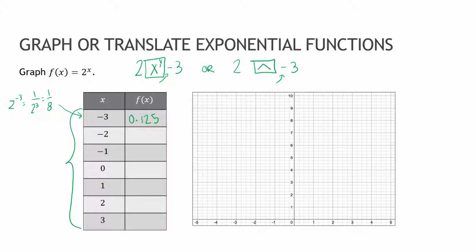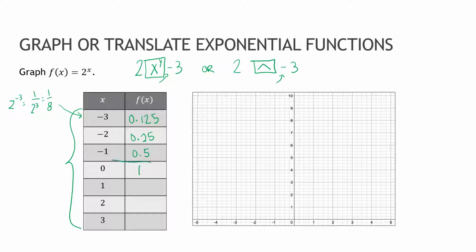Same thing, the next one I'm going to write 2 to the -2, which would be 1 over 2 squared, or 1/4. Decimal form of 1/4 is 0.25. 2 to the -1 would be 1 over 2, which would be a half. 2 to the 0 is what? 1, because anything to the 0 power is 1.